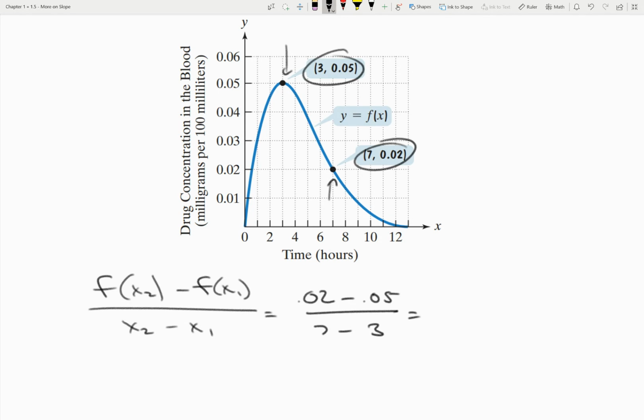So when we calculate this, we get negative 0.03 over 7 minus 3 is 4, which is negative 0.0075. Okay? So that means the average rate of change is negative 0.0075 milligrams per 100 milliliters per hour. So yeah, there's a lot to say on the y-axis, but it's always y over x.